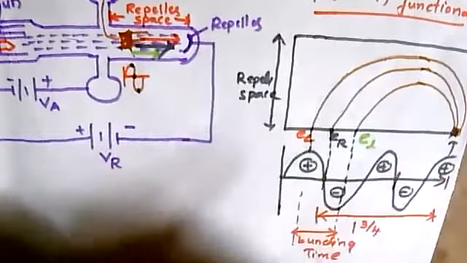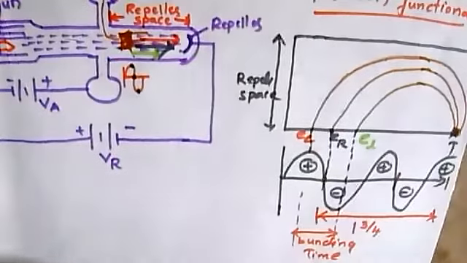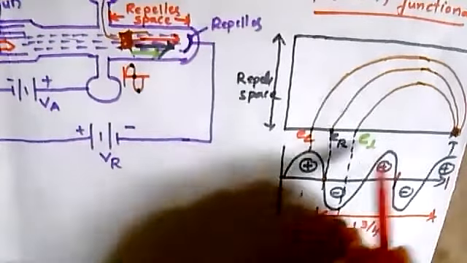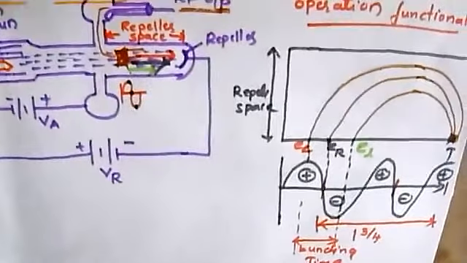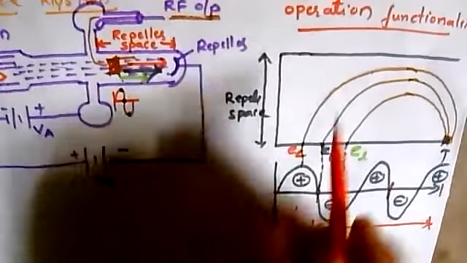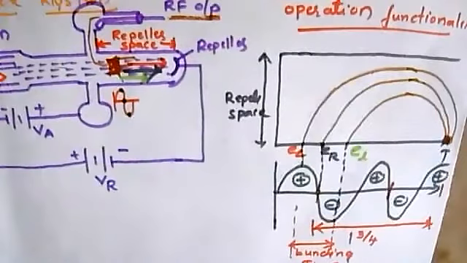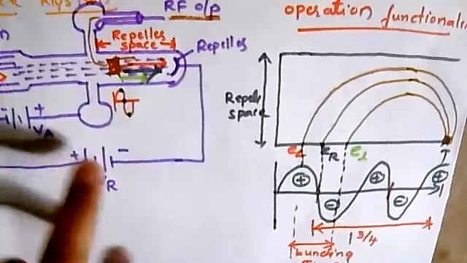So this is how the bunching of the electrons takes place, as we have seen in the case of the two cavity klystron amplifier. This is, in the simplest way, how the bunches are formed, and how the operational functionality can be explained.